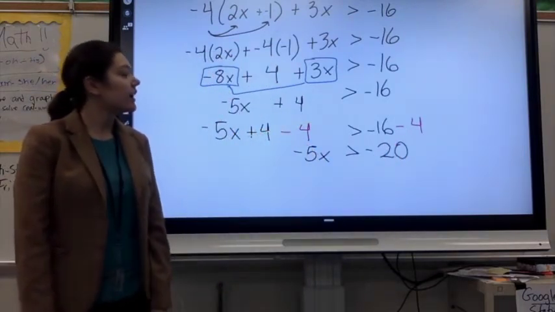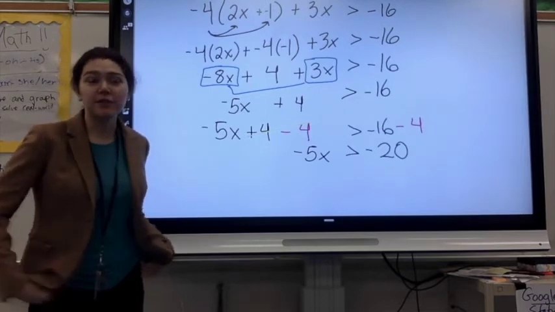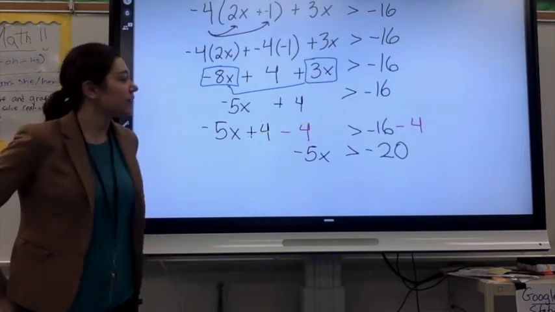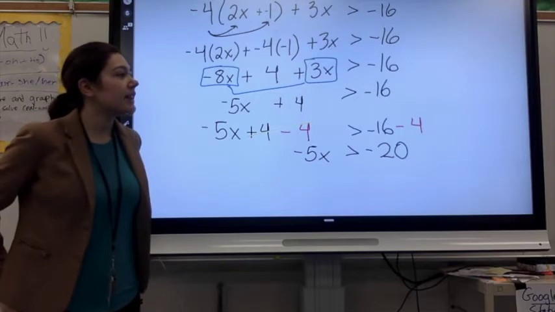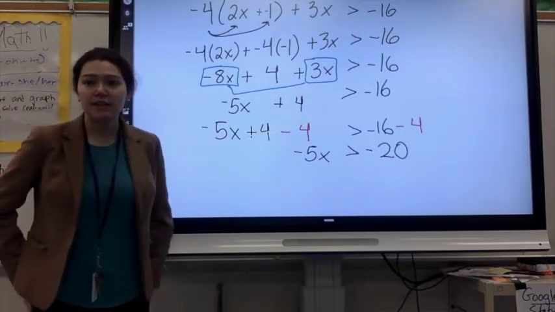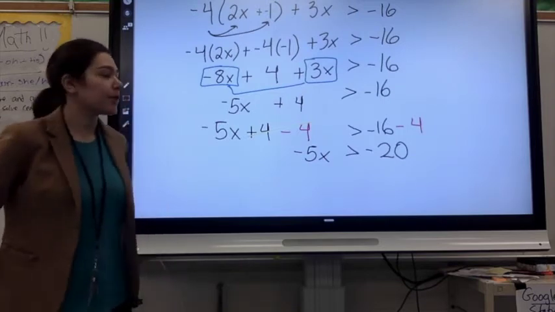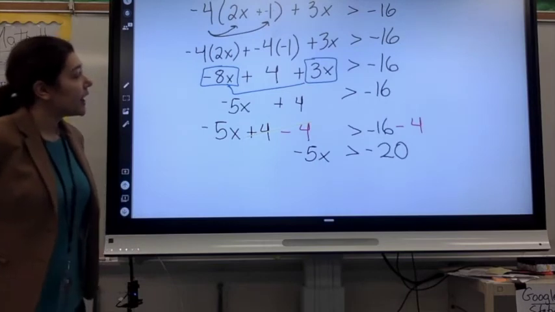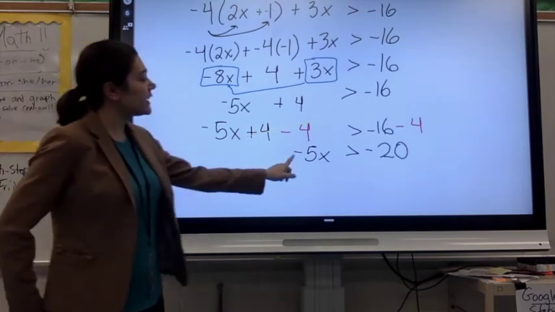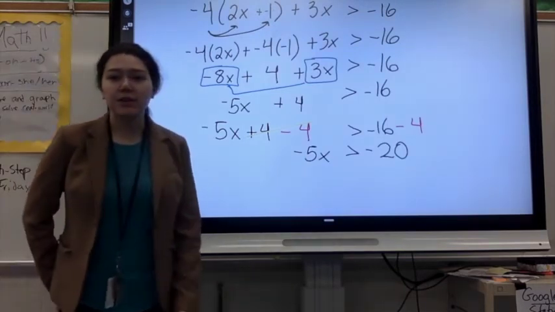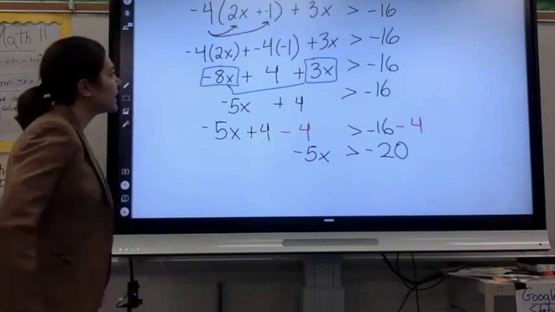As a review, just like -6 minus 2 is -8, right? -16 minus 4 is the same thing as -16 plus -4, so we're getting more negative. And finally, I have -5 times x. So I want to undo multiplying by -5.